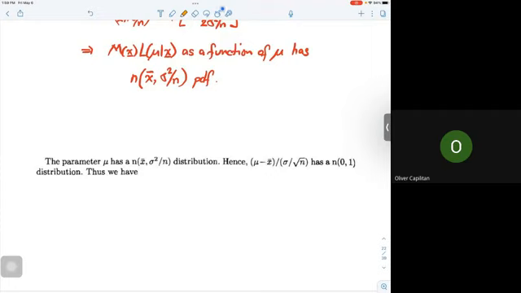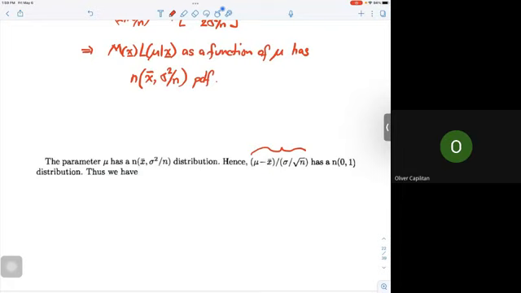Hence, mu minus x bar. In other words, we standardized mu here. Mu minus its mean, which is x bar, divided by the standard deviation. So kaya yung standard deviation niya, sigma over square root of n.